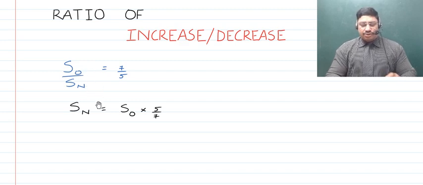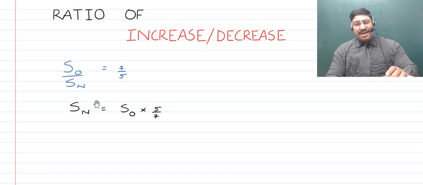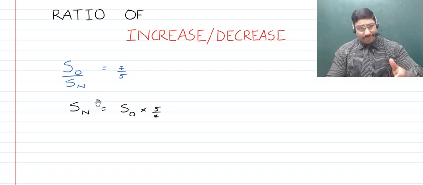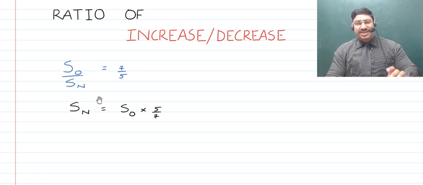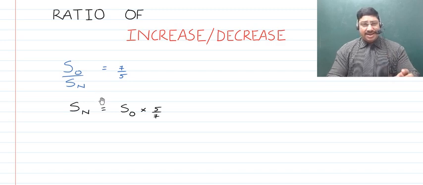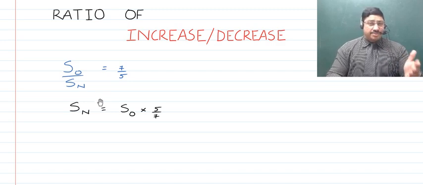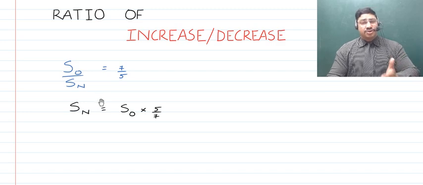We are comparing by division a physical quantity at two times or under two conditions. If it has decreased, then the numerator should be larger and the denominator lesser.